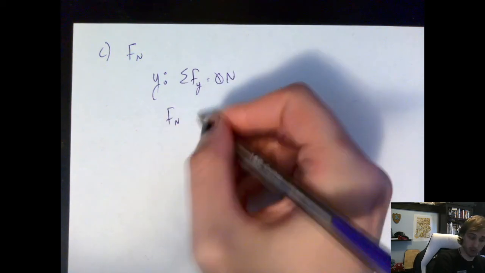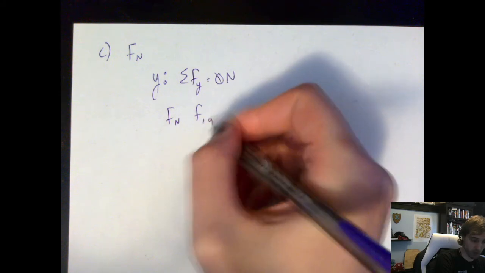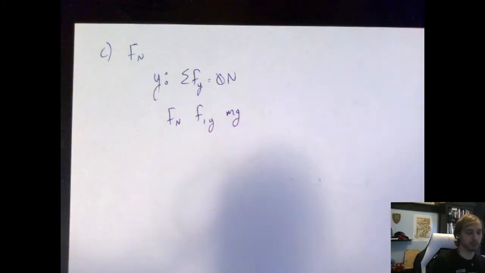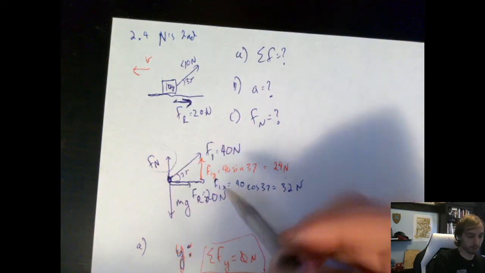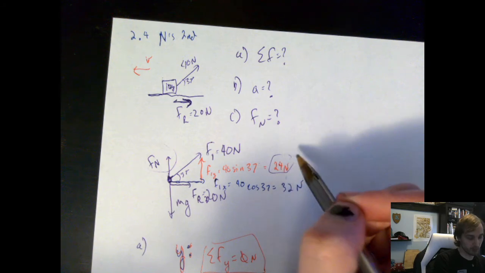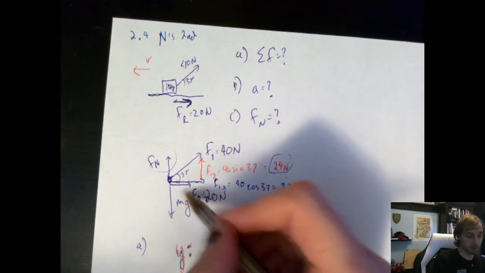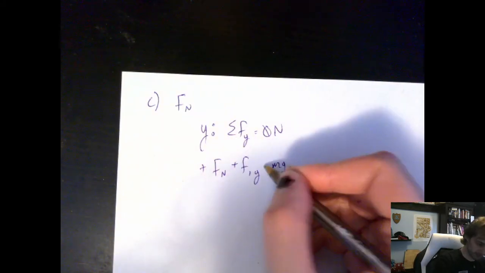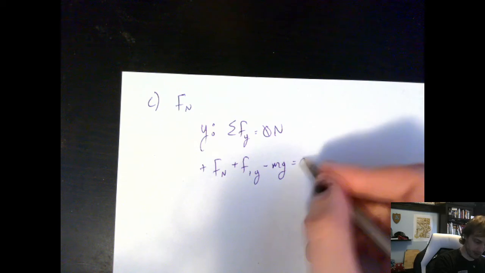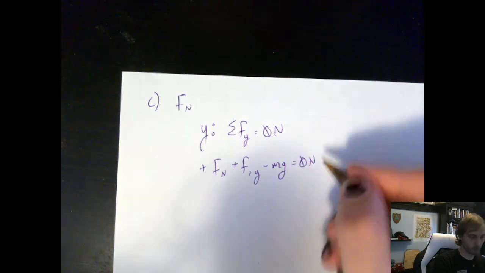I seem to remember that there's normal force, I remember that there's F1y, and I remember that there's mg. Let's double check the directions on all of those. Normal force is going up, so that one will be positive. F1y is going up, so that one will be positive as well. mg is going down, so that one will be negative. Positive, positive, negative. And that all needs to equal 0.